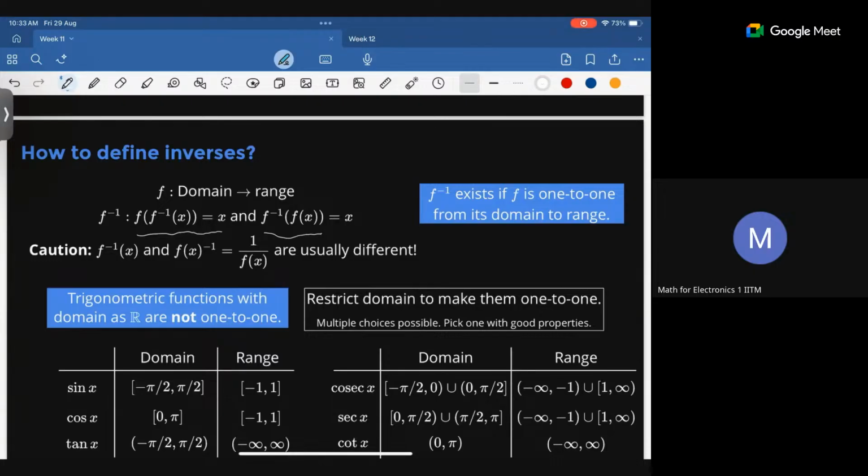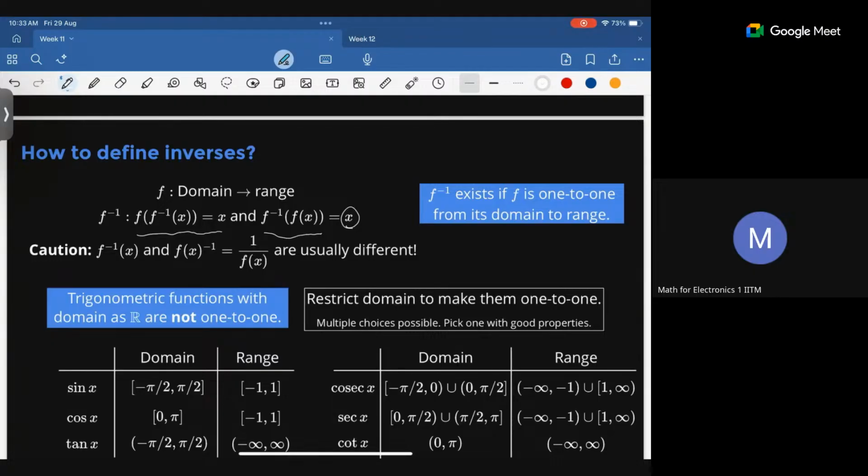But in trigonometric functions, this may not give you x throughout the range. So what we do is restrict the domain to make it one to one. Trigonometric functions are usually not one to one, and if they are not one to one, inverses won't exist.